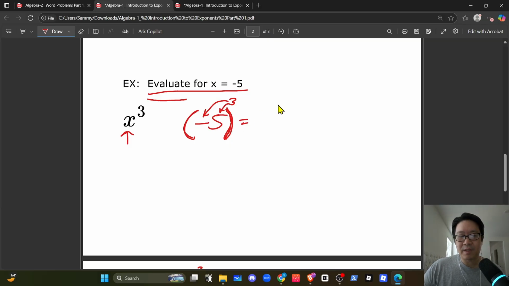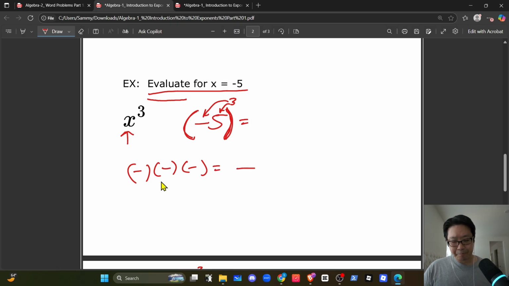So what happens to the negative when you raise it to a power of 3? Well, negative times a negative times a negative is going to give you a negative. Anytime you have a negative raised to an odd power, you're going to get a negative.